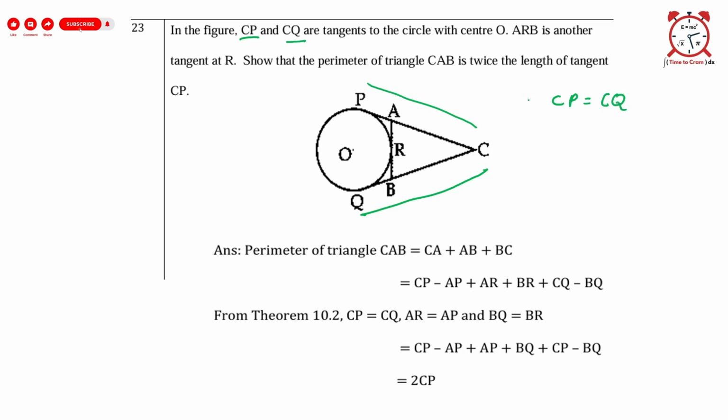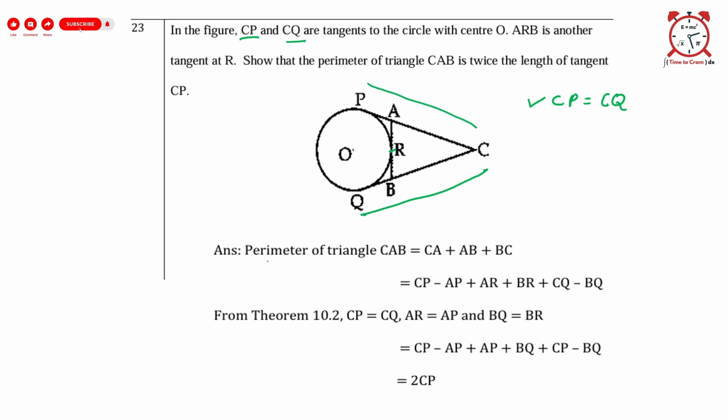This result will help us very much here. They are the tangents to the circle with center O. ARB is another tangent at point of contact R. So we have to prove that the perimeter of triangle CAB is twice the length of tangent CP, means double of CP.